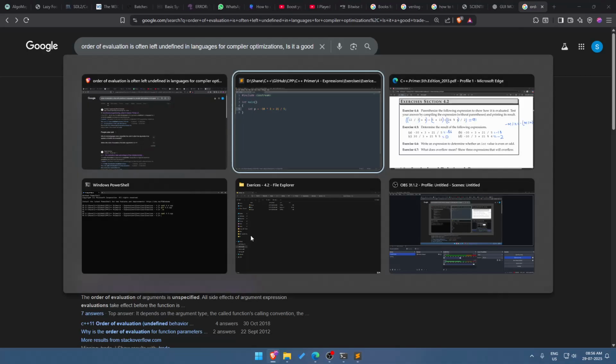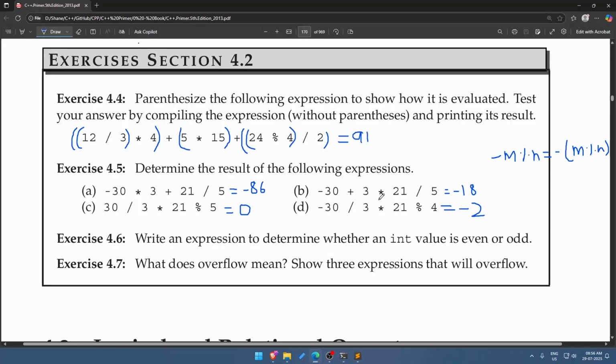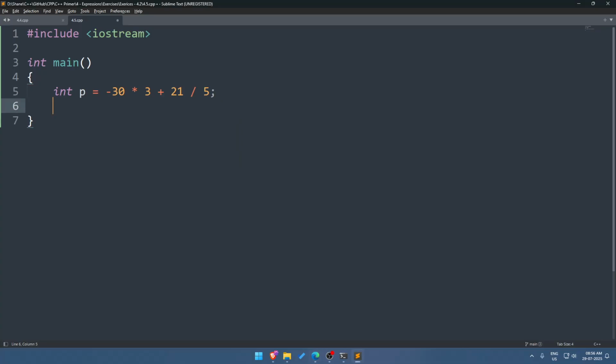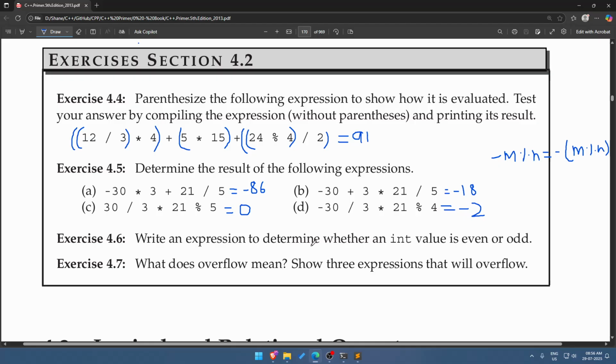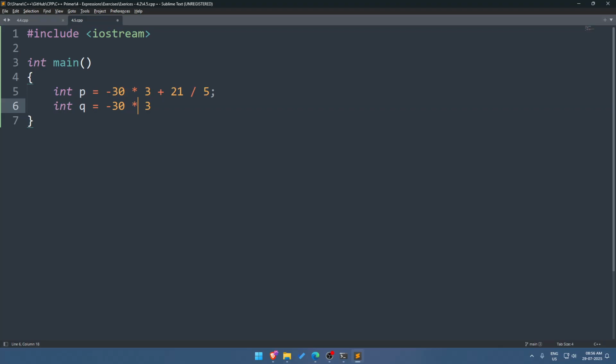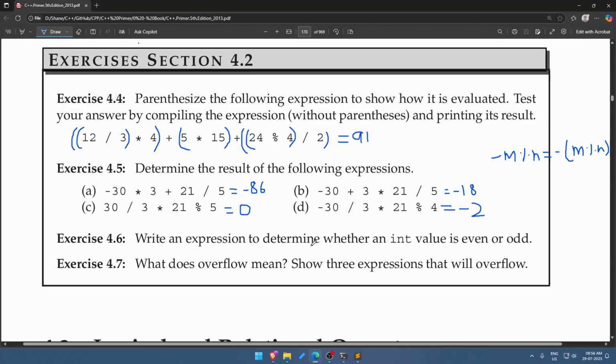Then we have minus 30 plus 3 times 21 by 5. Minus 30 times 3, plus 30 plus 3. Okay, 30 plus 3 then times 21, times 21 divided by 5.